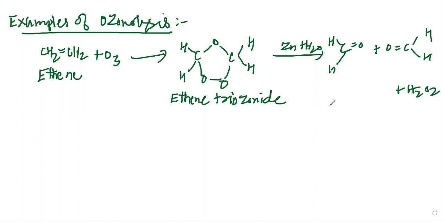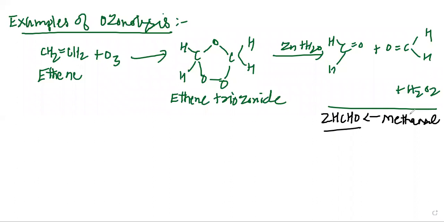These two are nothing but the compound HCHO. So you get two HCHO as a product. The name of this compound is methanal. So here you get methanal as the final product. Please remember, my dear students.